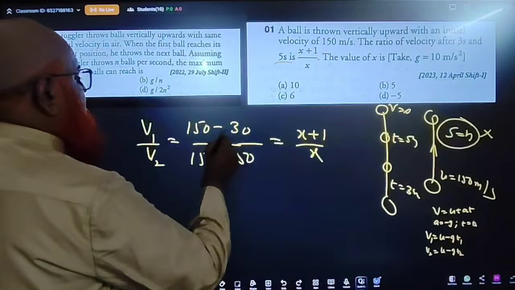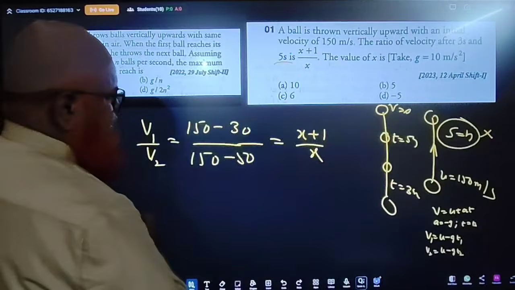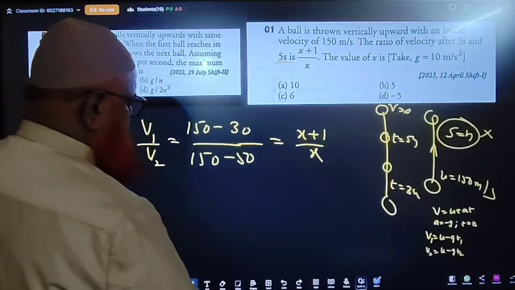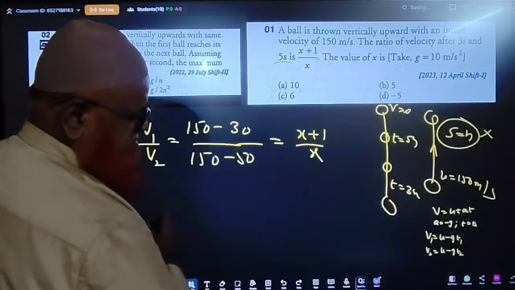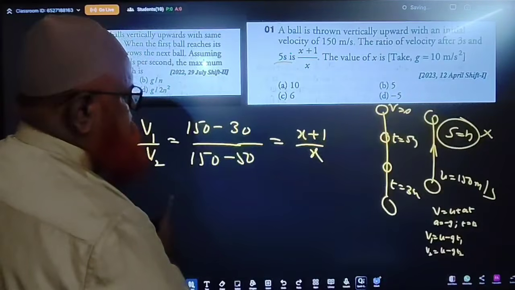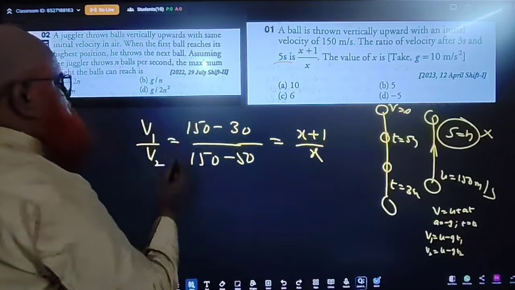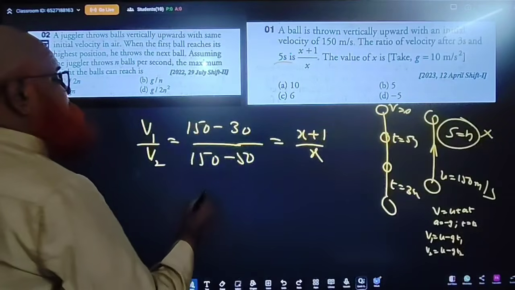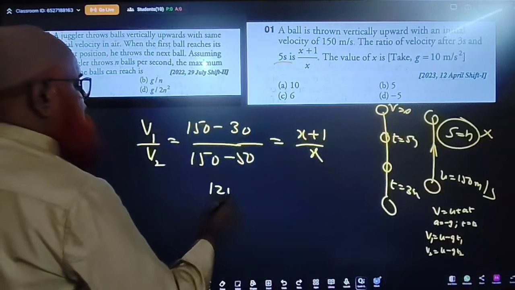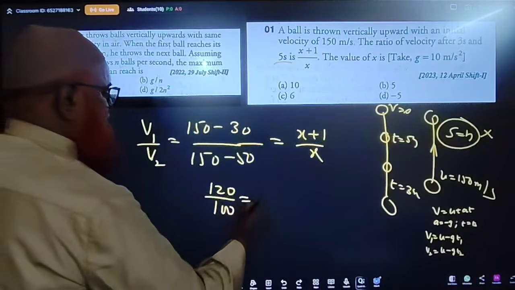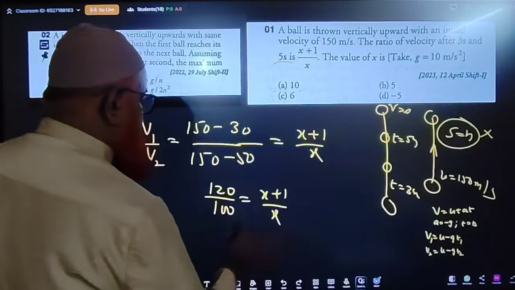See, V1 is 150 minus G into T, right? Something we have forgotten, what is that? Okay, let's see. 150 minus 30 is 120, over 100. That equals (x plus 1) by x.